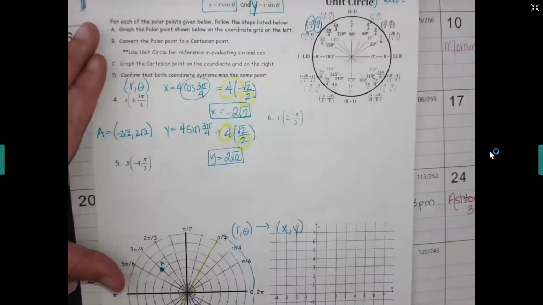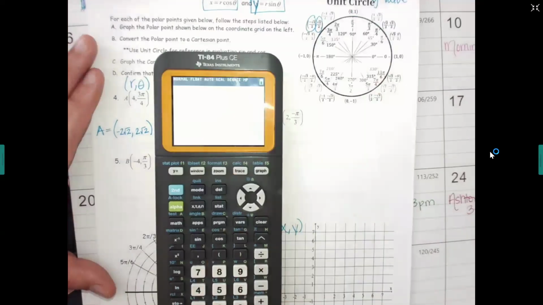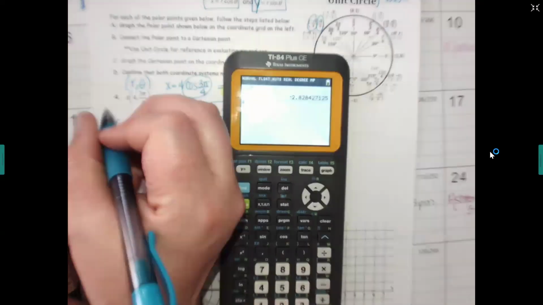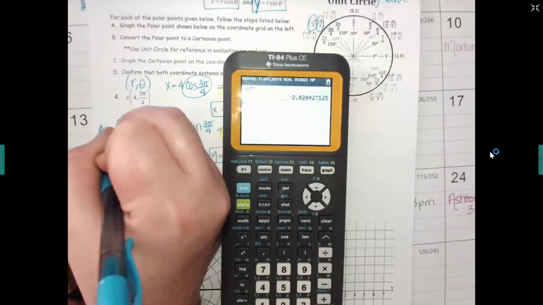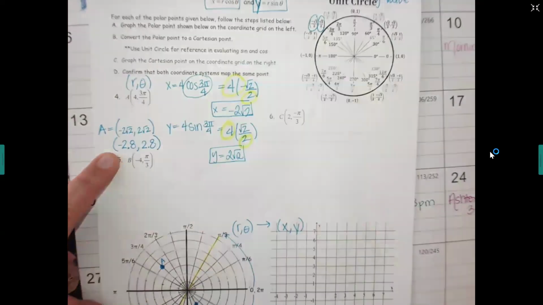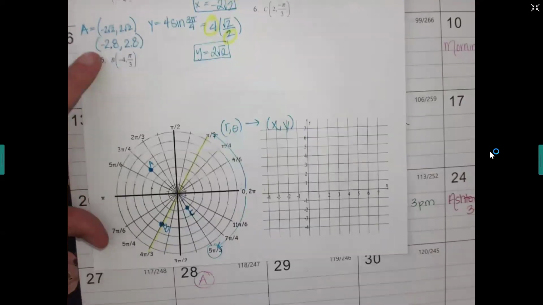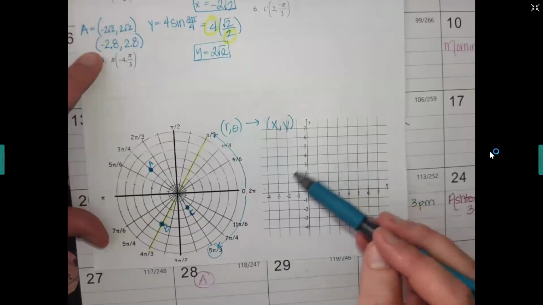Now, it's going to be pretty hard for me to graph it in that form. So I'm going to use my calculator to turn both of those into decimals. So negative 2 square root 2 is negative 2.8. And then the y would just be the same thing, but positive. So then I'm going to take that point, place it on my XY grid, and they should end up in the same place.